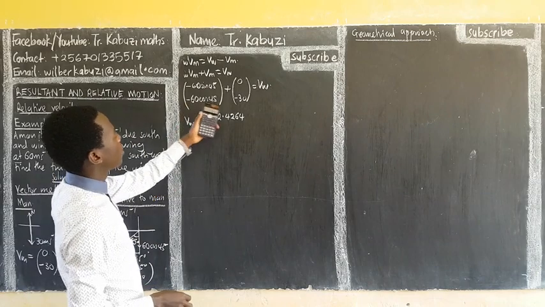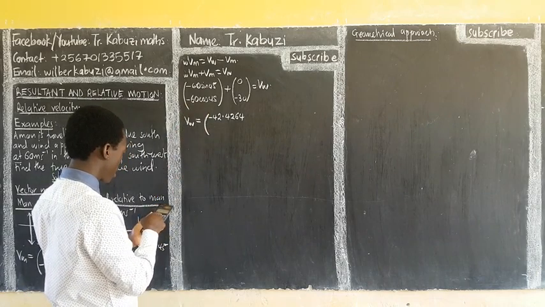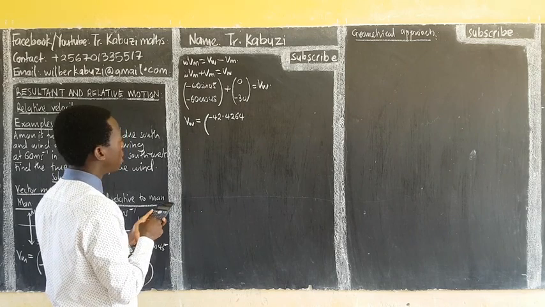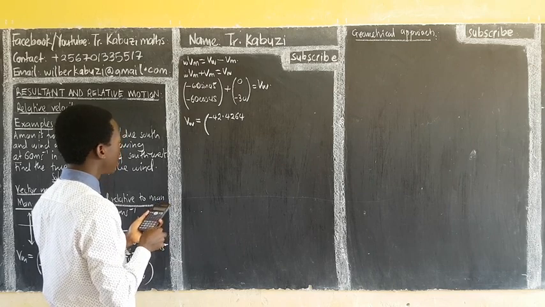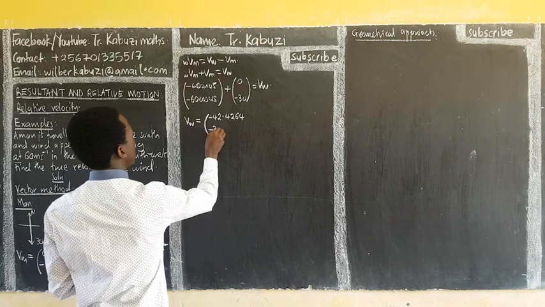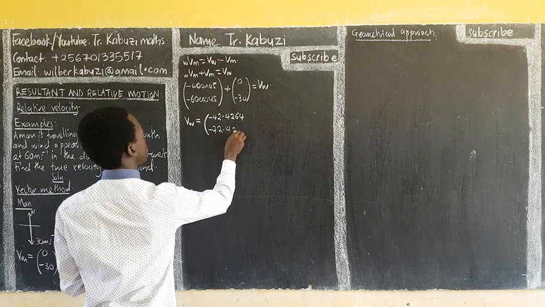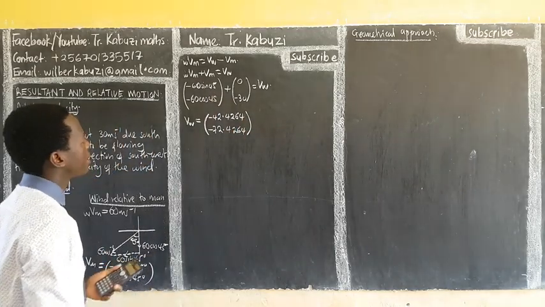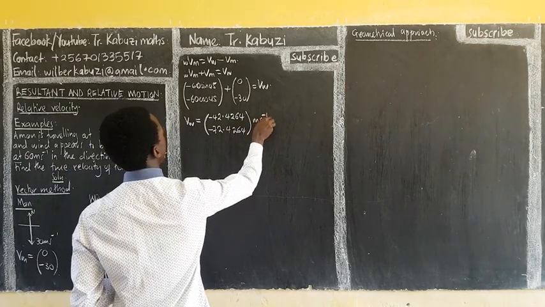Then this one will combine that and that, minus that. This will give us negative 72.4264. Of course, you know sine of 45 is the same as cos of 45. So these are in meters per second.